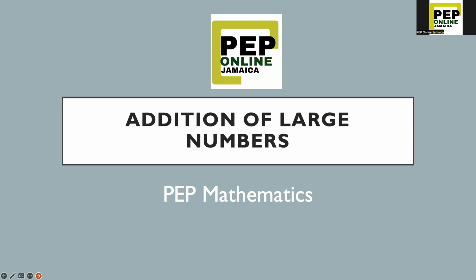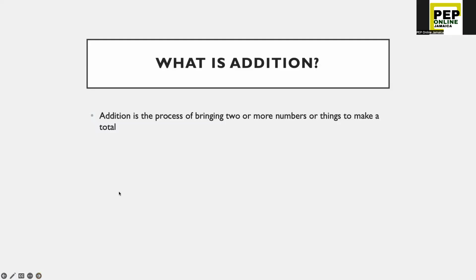All right, let's go. So we're adding some large numbers today. But the first thing we need to acknowledge at all times is, what is addition? Addition is the process of bringing two or more numbers or things together to make what we consider a total, right?